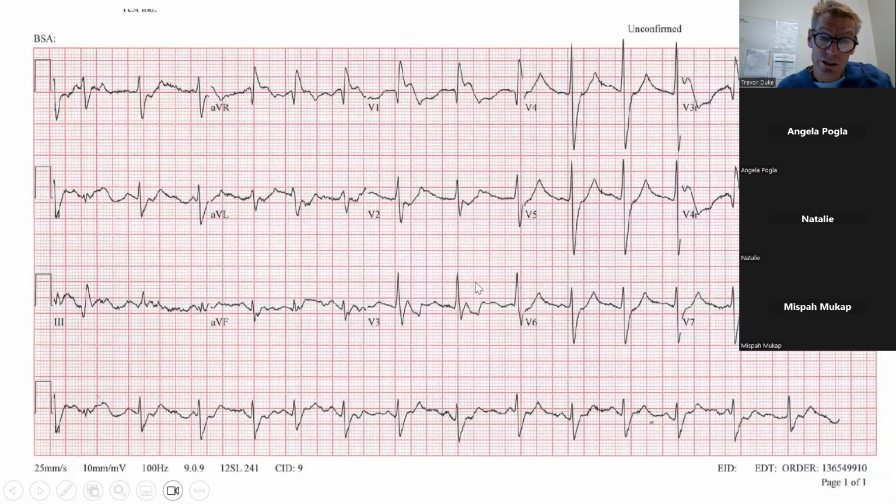This is a particular type of syndrome. Again, I won't go through this, a bit like Wolff-Parkinson-White syndrome, where when you revert the child to sinus rhythm, again, this is the child's back in sinus rhythm. You can see the P waves and the QRS complex. Still, the QRS duration is very wide.